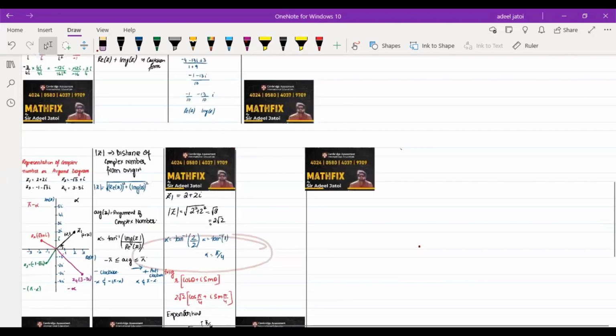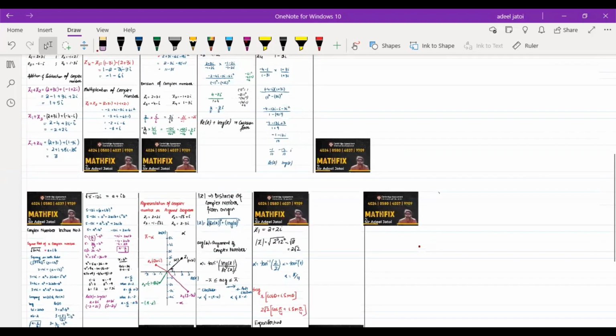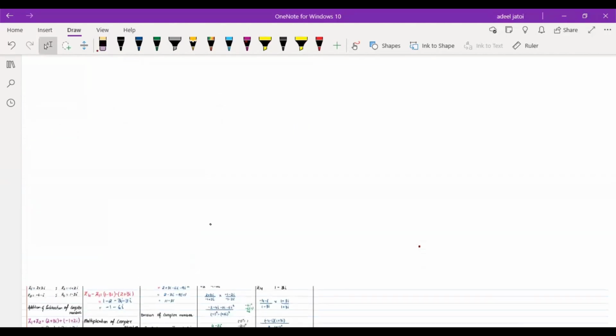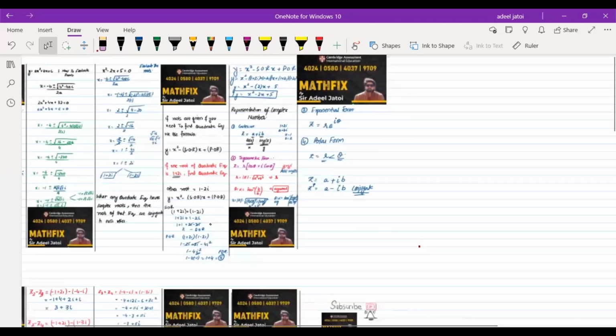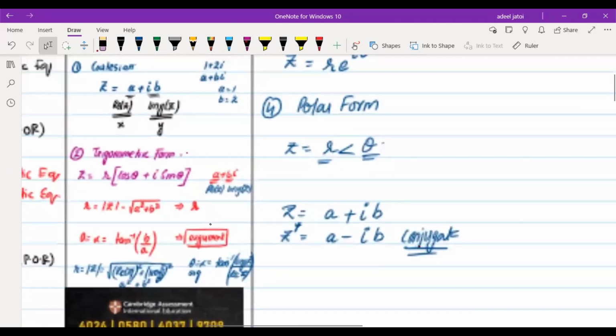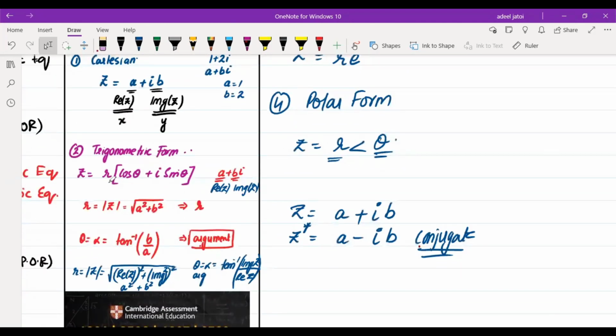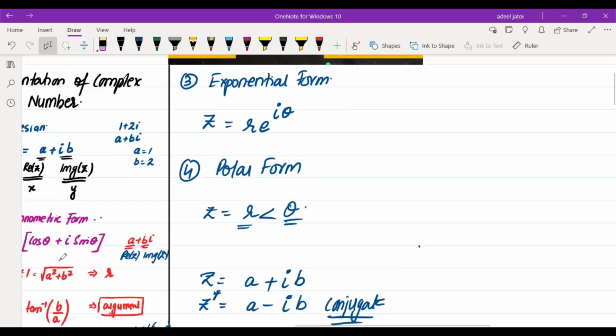We made sure that we do the representation of the data in lecture 1, where we understood the trigonometric form, how the r was taken. Again, the r is taken through the modulus formula. So theta was taken from the tan inverse formula. And similarly, we also noted the exponential form and the polar form.